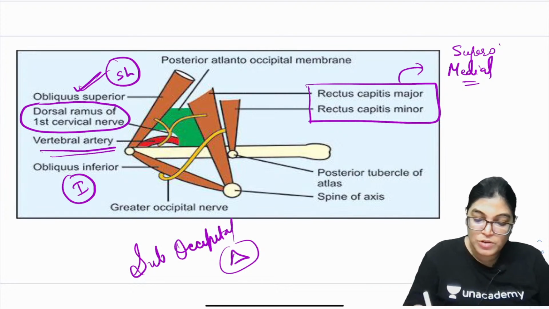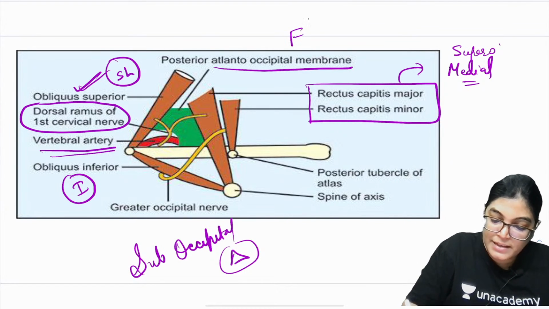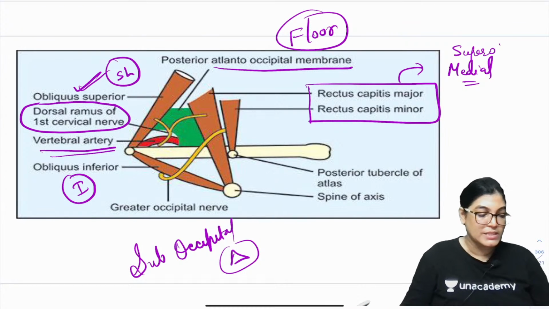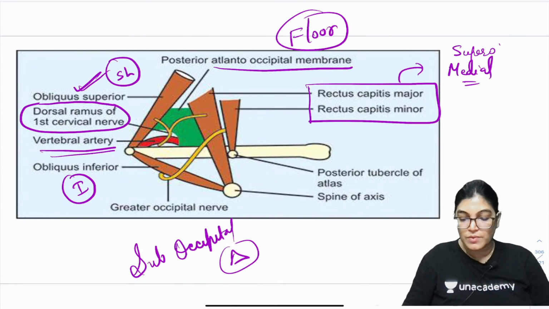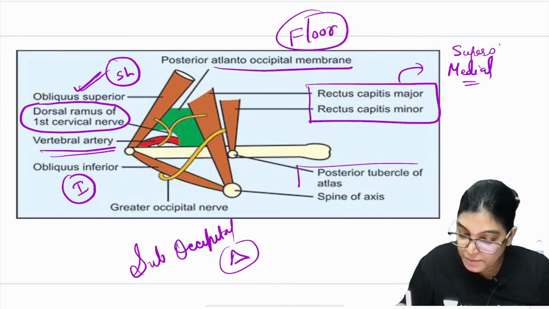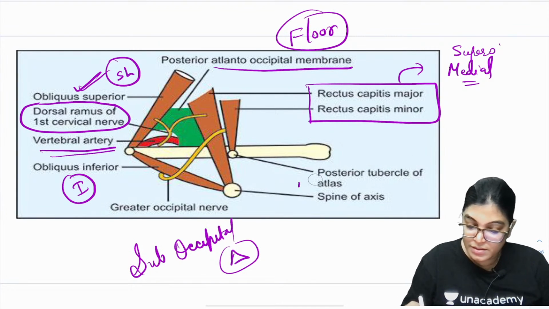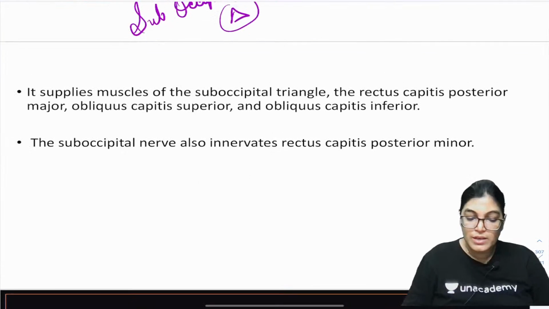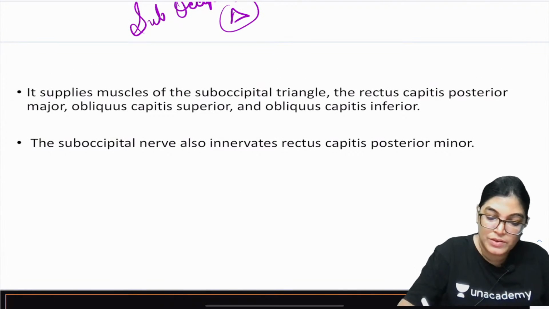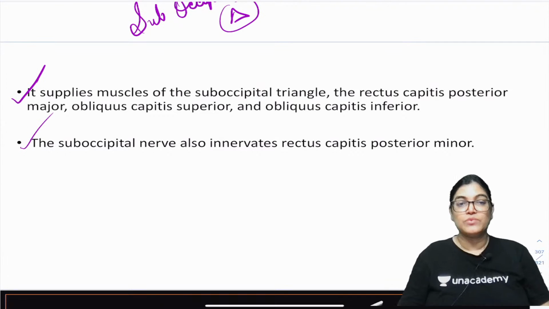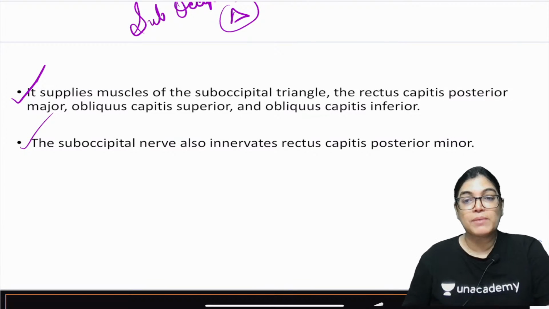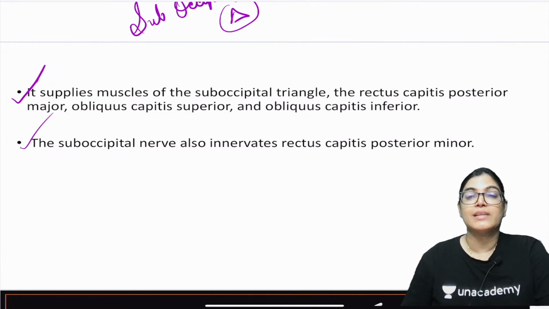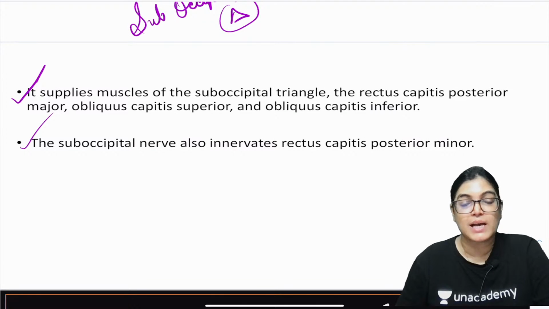Posterior atlanto-occipital membrane lies in the floor of the suboccipital triangle, along with the posterior ramus of the atlas, which is not shown. Okay, if we talk about the muscles getting innervation from the suboccipital nerve, it supplies the muscles of the suboccipital triangle: rectus capitis posterior major, obliquus capitis superior and obliquus capitis inferior.